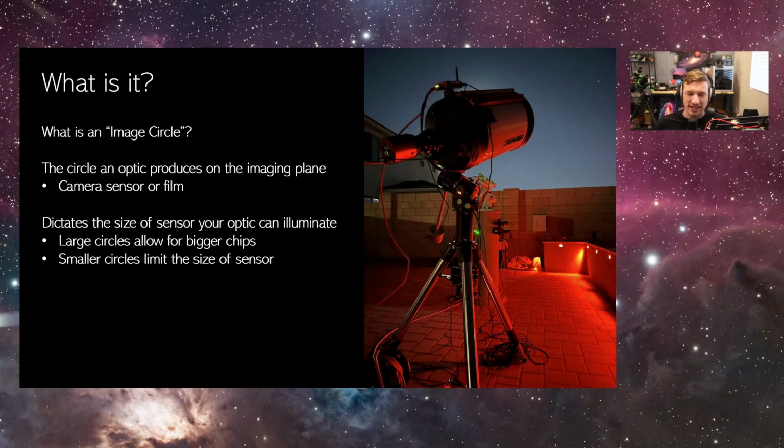Okay, or you could just say, I'm not using all of the illuminated field. That's it. It's all about real estate. If you have an image circle and you have a chip big enough to take up the whole real estate, great. If you don't, then you just don't take up the whole image circle. That's it. That's all that's going on with it.